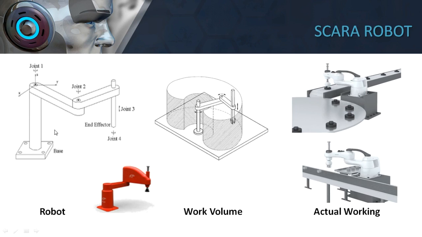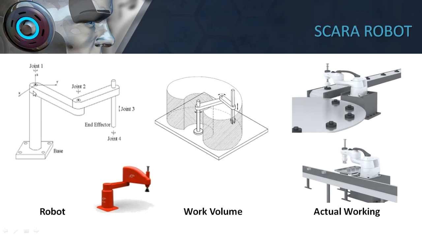You can see a base. The robot has to be installed in a particular location. It has a column, and you have one joint here which is attached to an arm or one particular link. This link is attached to the column. Here link 1 cannot be moved up and down.